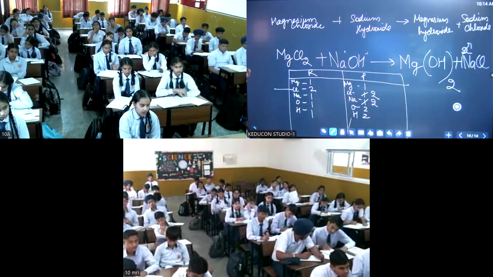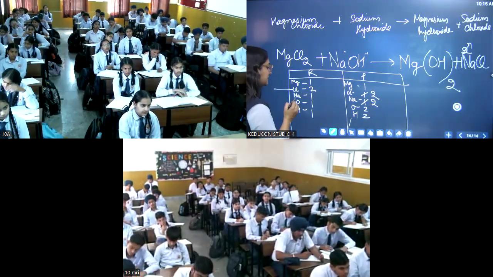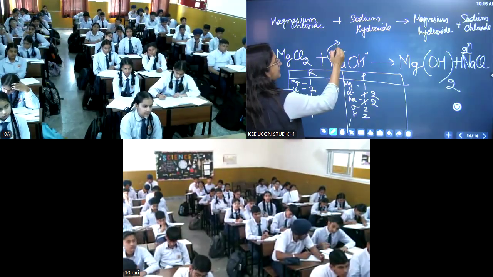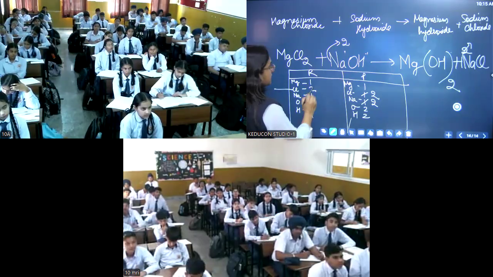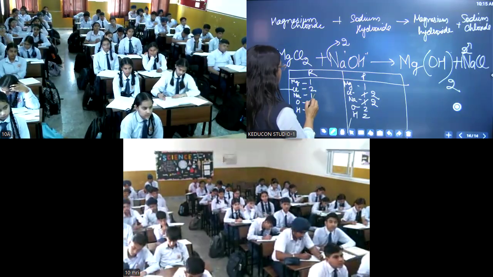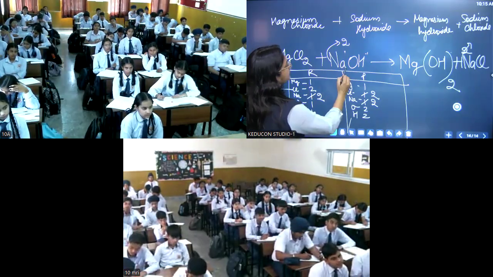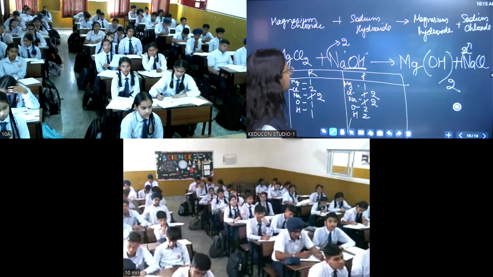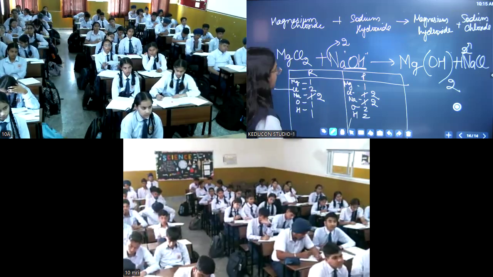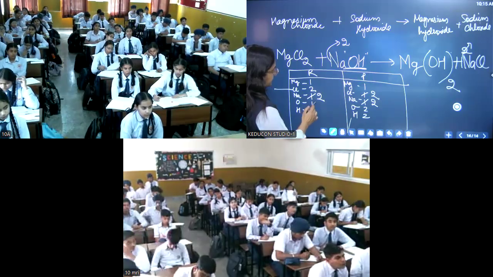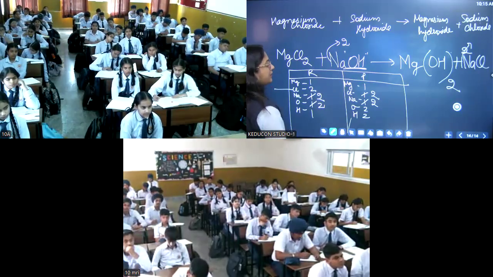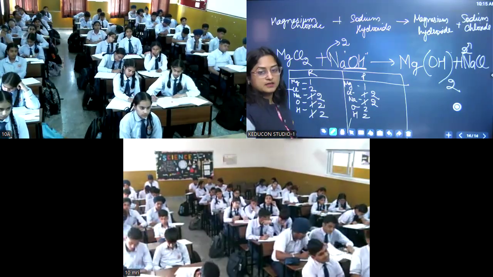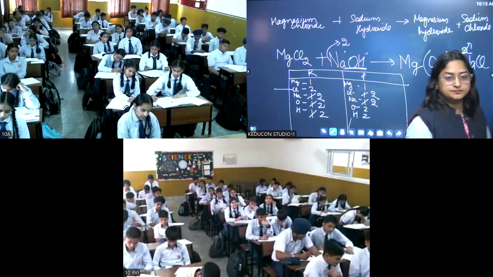So what do we have to do to balance this sodium now? Multiply this with 2, right? So this makes the number of sodium 2, but this changes the number of oxygen and hydrogen here. So what is the new number of oxygen on the left hand side? 2. And the new number of hydrogen on the left hand side? Balanced. Does this balance our equation? Yes.